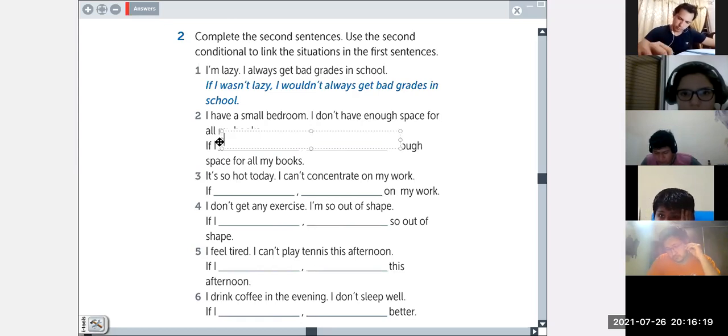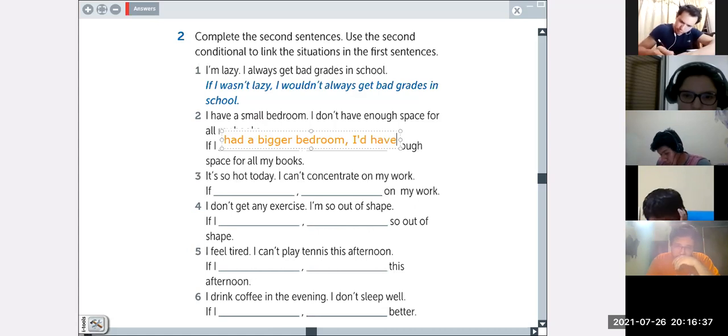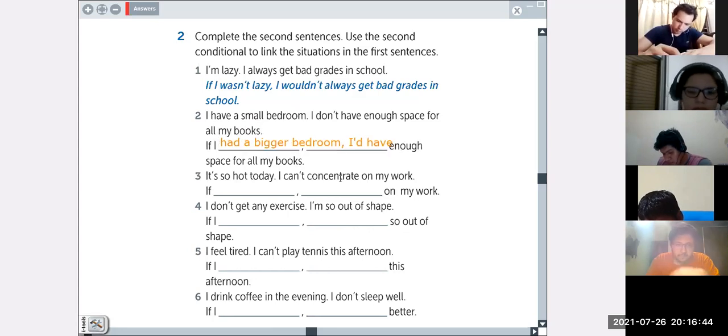Okay, if I had a bigger bedroom, comma, I would have enough space for all my books, right? Okay, what about the next one?